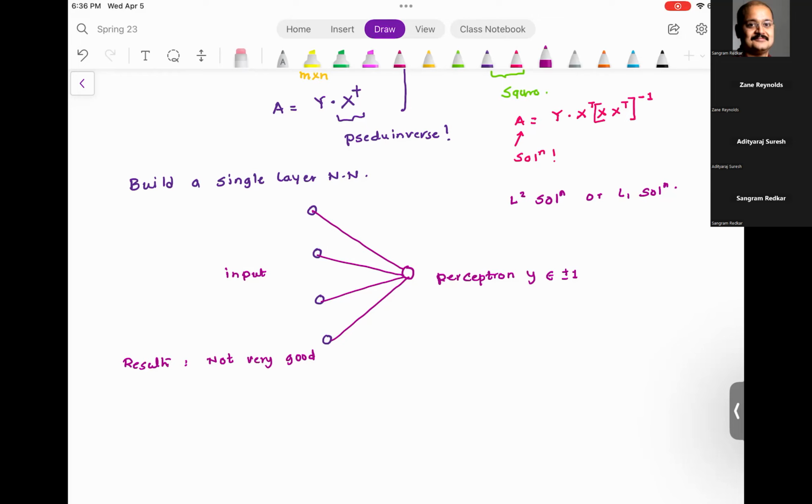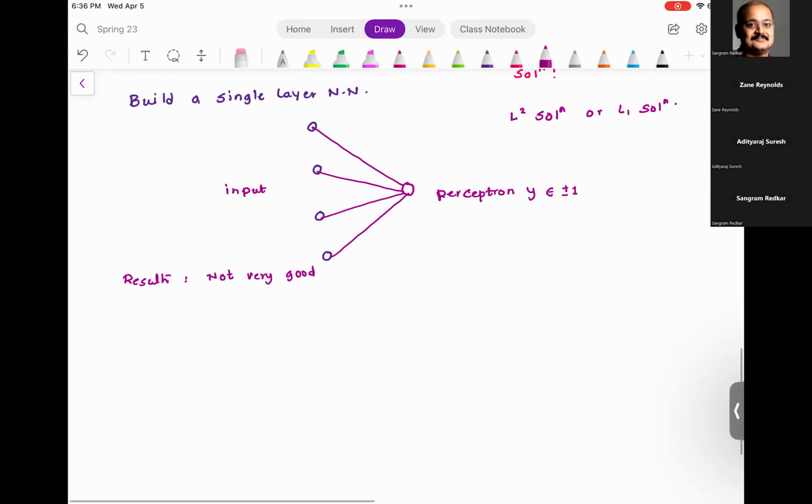So what that means is, to overcome the limitation of a single layer neural network, we go on to something called the multi-layer neural network. In a multi-layer neural network, you want to have a linear function.